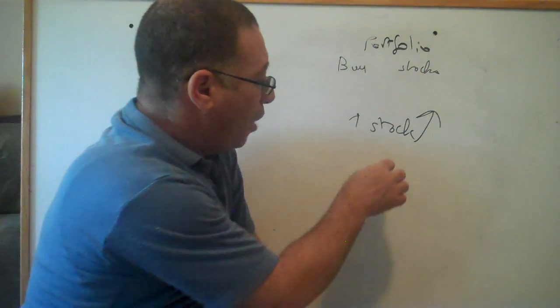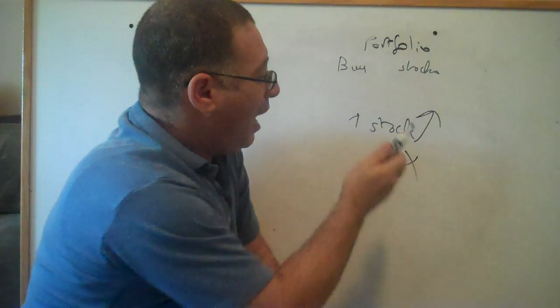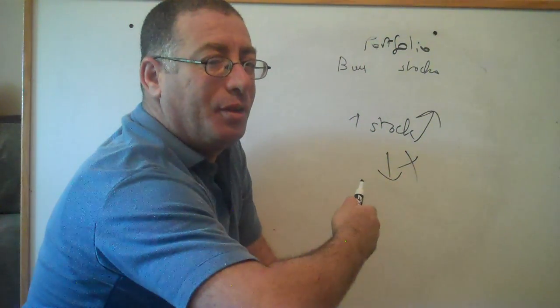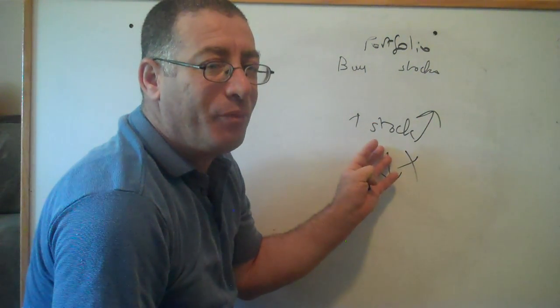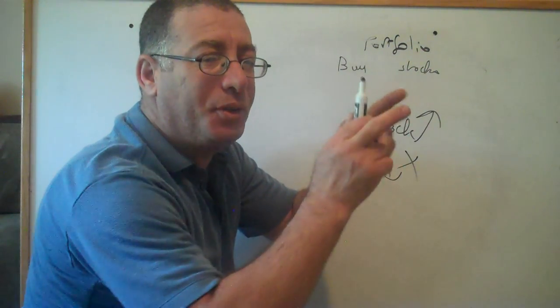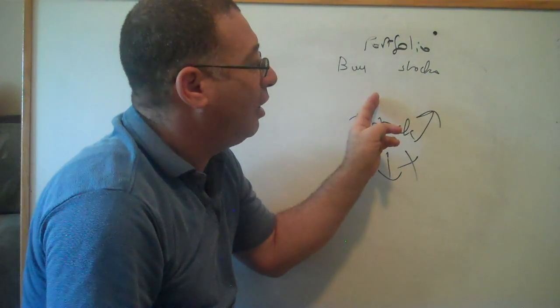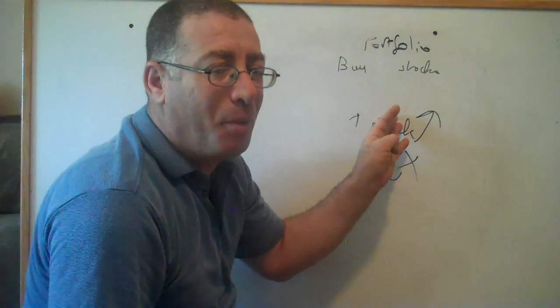Those that go down, they eliminate them and replace them with others. So you always have 20 or 30 stocks. I will put a table later where I put the stocks that I bought.